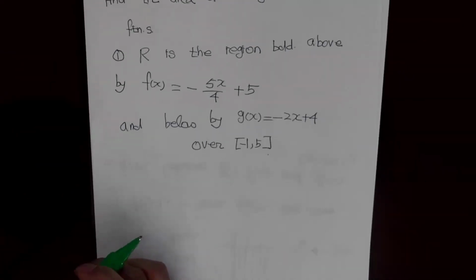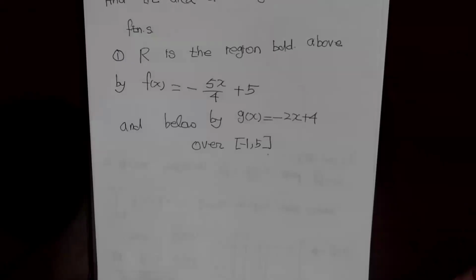And the region we are thinking about is the region where f is bounded above and g is bounded below, the lower bound.